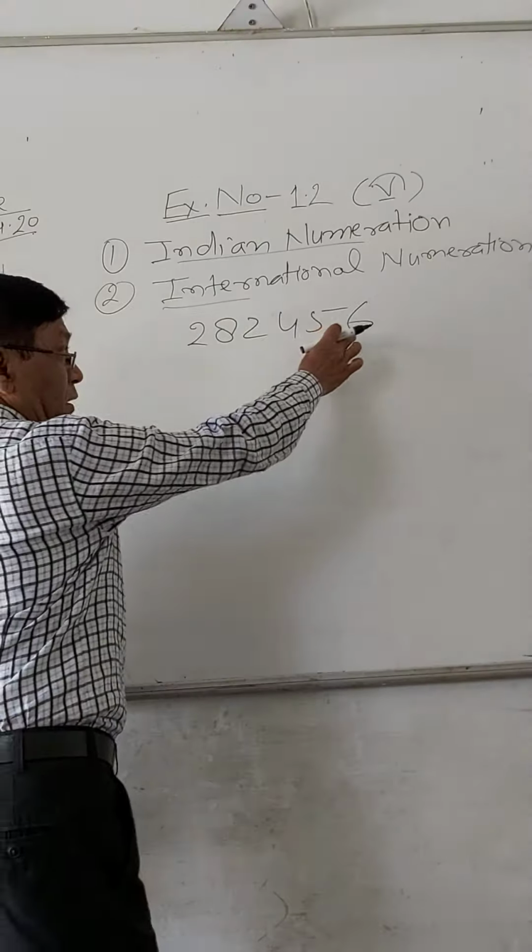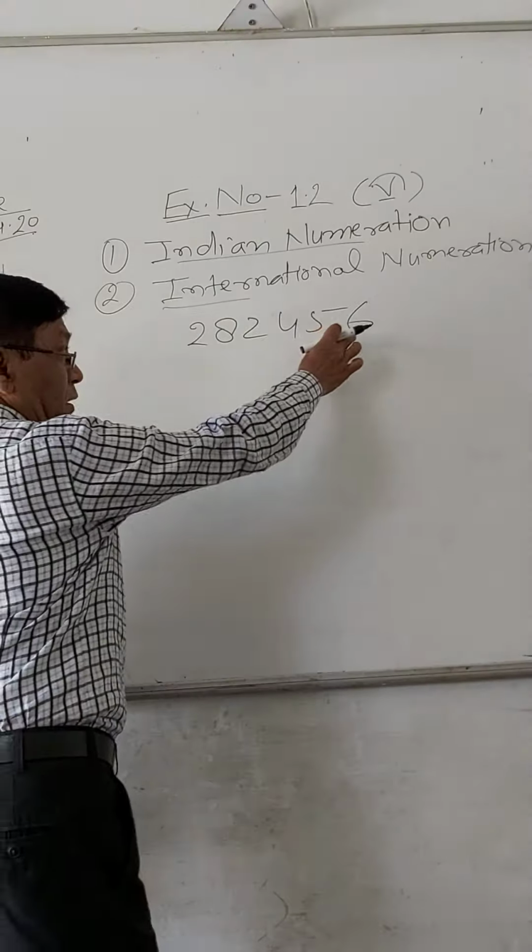Now in the Indian system, ones, tens, hundred, after 100, each period has two digits. The next period comes for the thousand. After that lakhs, then crore, then later on.